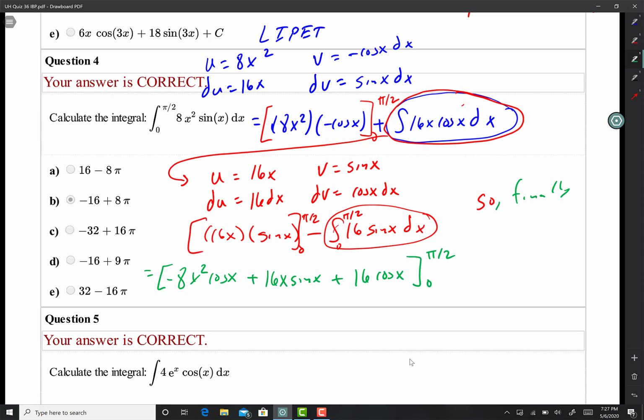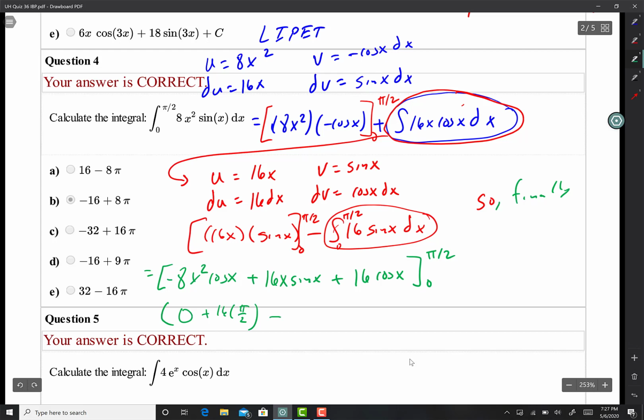Okay, so now let's go ahead and plug in pi over 2. You got to know a little bit of pre-calc. Cosine of pi over 2 is 0, guys. So the first term goes away. So here's what I have. So I have 0, and then sine of pi over 2 is 1. So you have plus 16 times pi over 2.